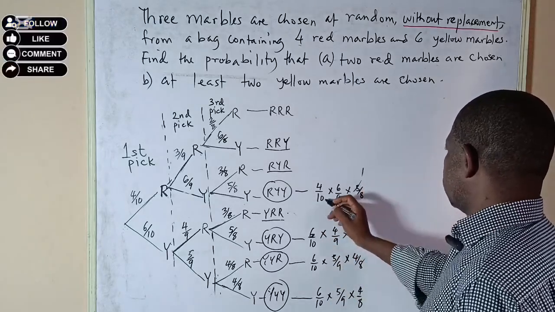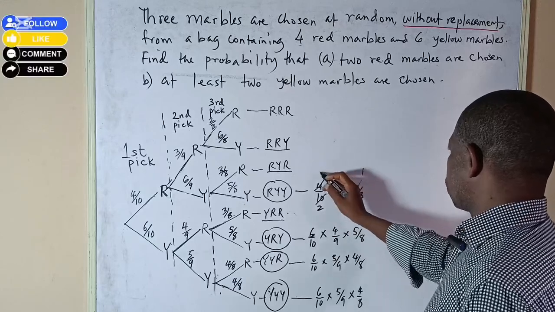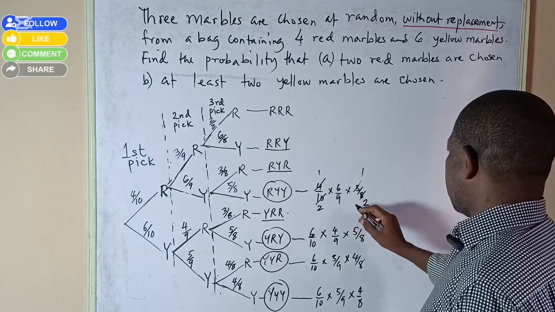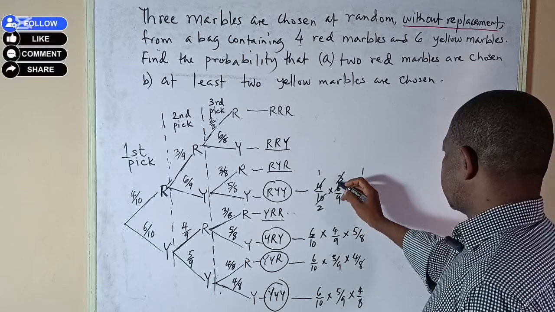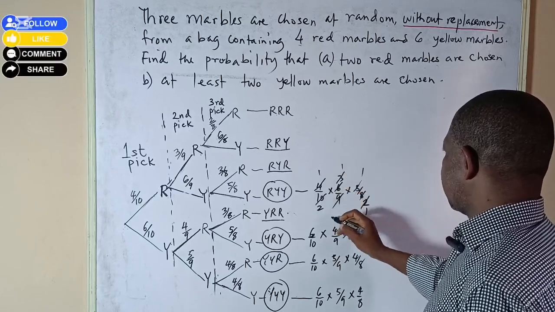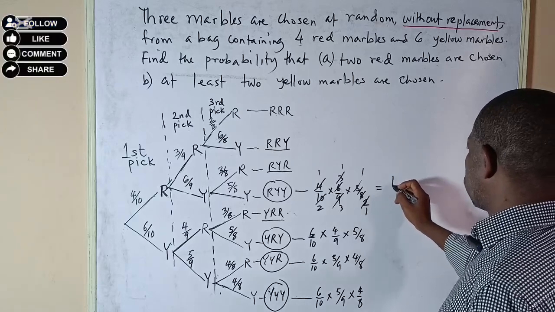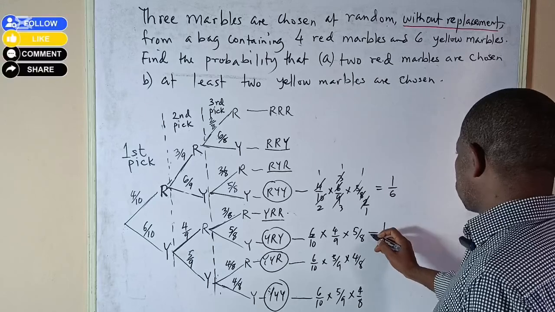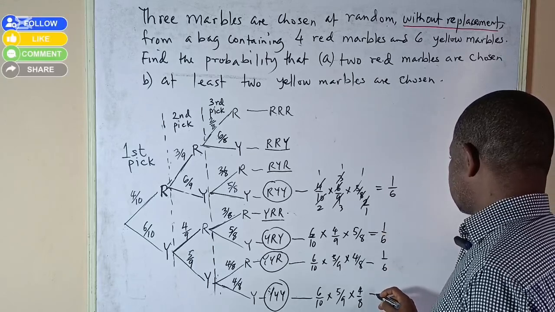So here, 1, 2, here we have 1, and then we have here 2, and here we have 1, and here 3, and here 1, and here 3. So the result there is 1/6. It means this is 1/6 also. This is 1/6.